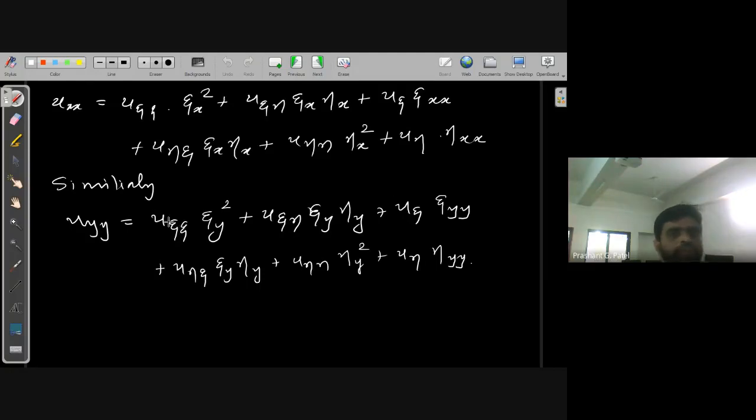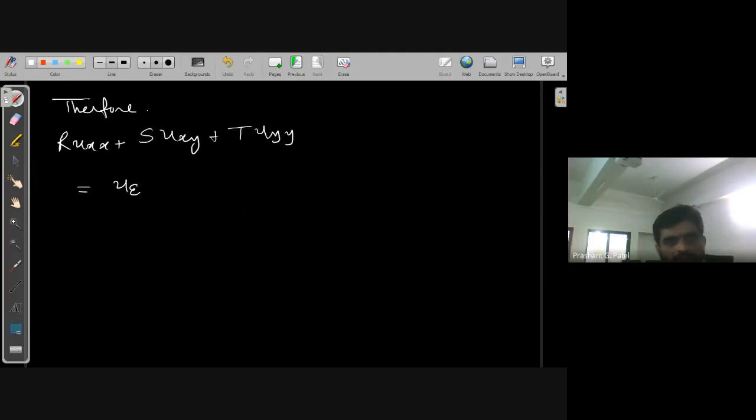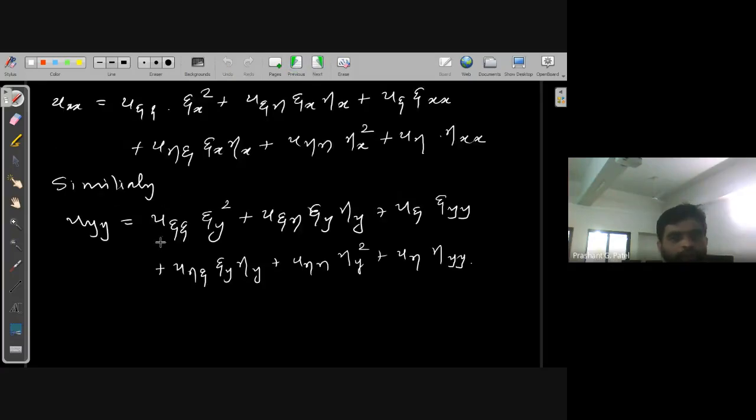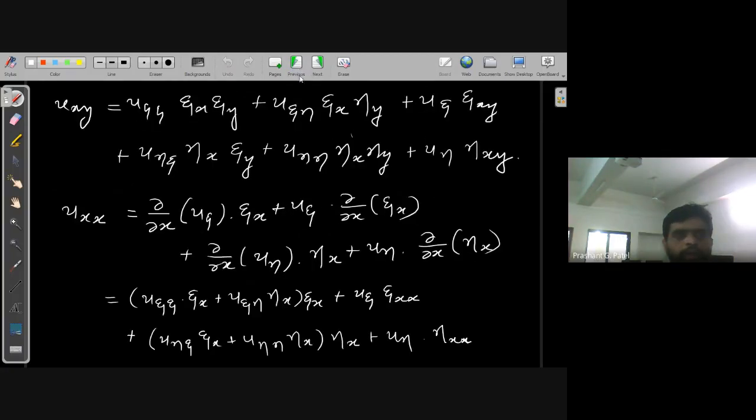What will be the coefficient of u_xi we got here? Just see u_xi. It is coming into all three equations, here also and here also.